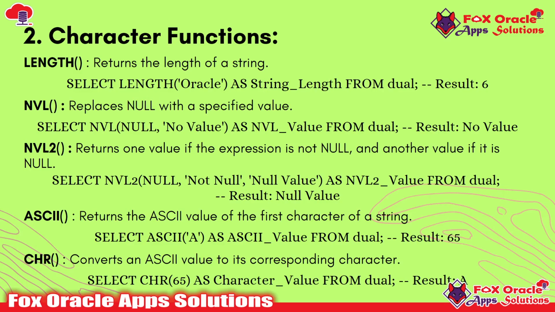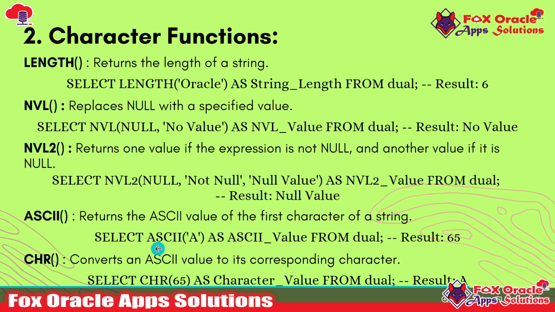Each and every character has its own unique number, known as its ASCII value. ASCII is a function which takes a string value and returns the ASCII code of that value. So the ASCII code of capital A is 65, and that is what it returns.